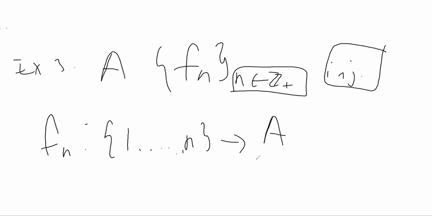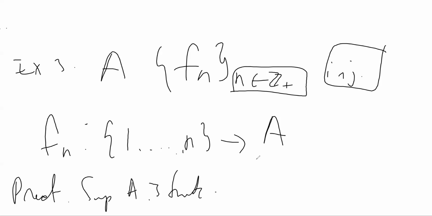Suppose A is finite, so imagine it has m elements in total. What would happen with this family of functions, which have to be injective and whose domains are the numbers from 1 to n?